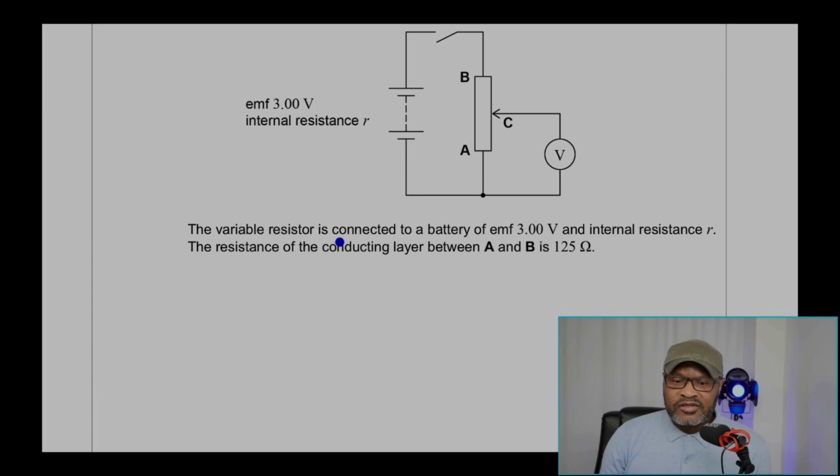The variable resistor is connected to a battery of EMF 3 volts and internal resistance r. The resistance of the conducting layer between A and B is 125 ohms, and this one has its own resistance as well. So the total resistance in this system will be 125 ohms plus r.